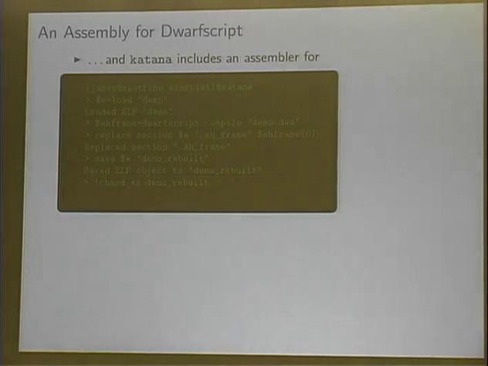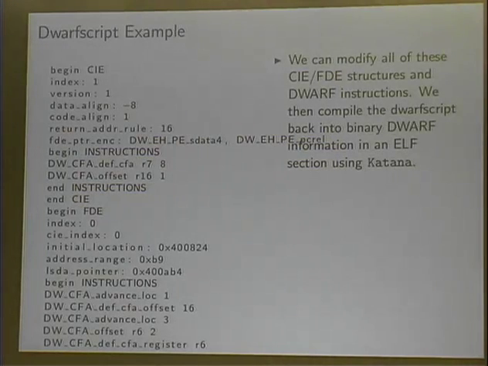Because I tried that for a couple days, and you can write a couple little basic redirections with that, but it's not much fun, and you spend 4 hours trying to figure out one byte to modify. So this is an example of what DwarfScript looks like. This isn't a complete program, but it's similar to the readelf output, gives you the same sort of information, but we can put it back into a section.